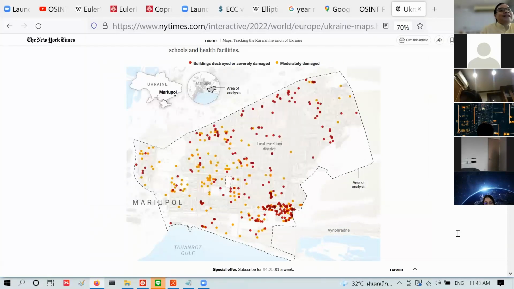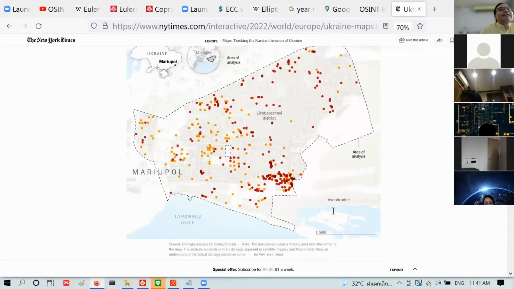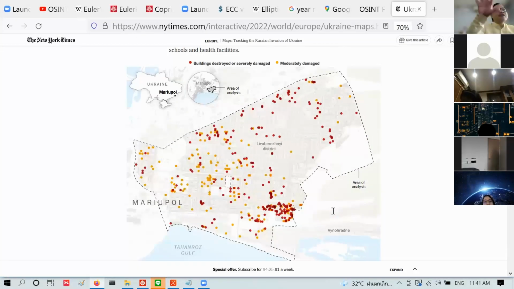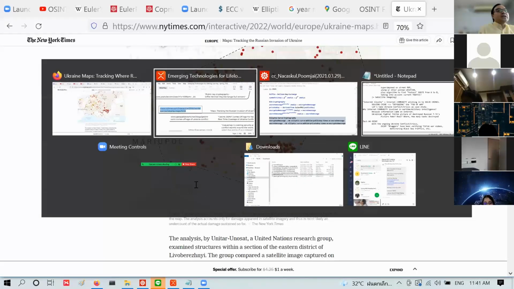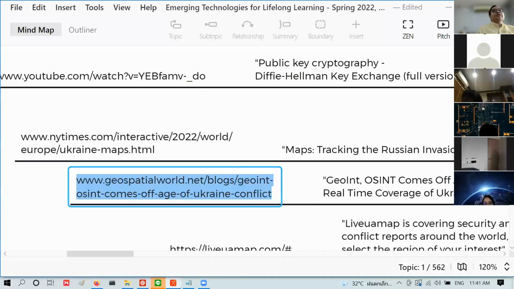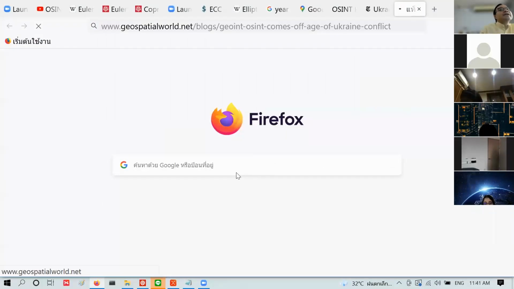But the New York Times didn't do this themselves. They actually compiled this basically from a bunch of OSINT network users.